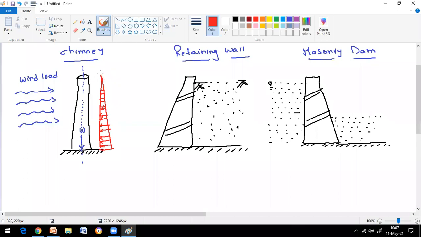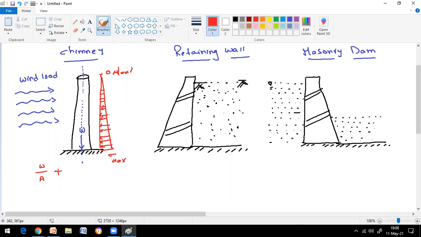That means there is zero stress at the top and maximum stress at the bottom. There is a direct load, which is load divided by the cross sectional area of the member. Along with that, there will be wind load which creates a bending stress in the member.